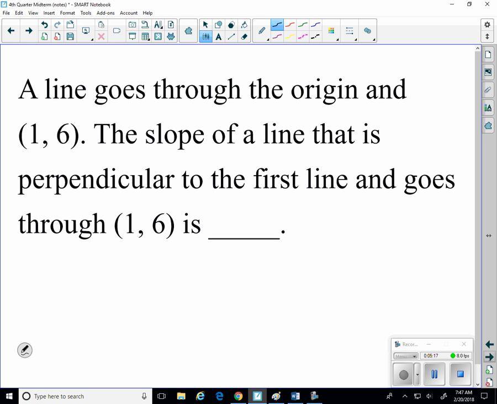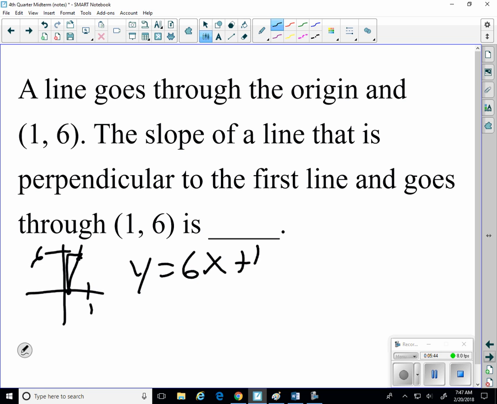A line goes through the origin and 1, 6. The slope of a line that is perpendicular to the first line and goes through 1, 6 is what? Well, if you go through the origin and then through the point 1, 6, the slope is up 6 over 1, so y equals 6x.